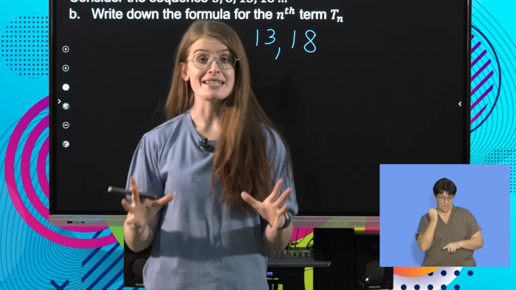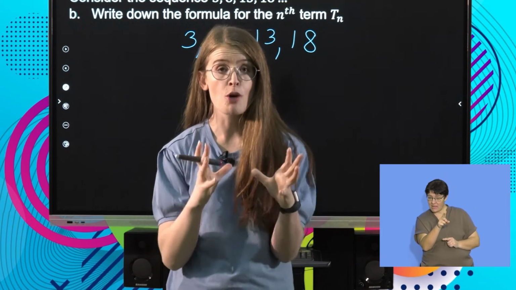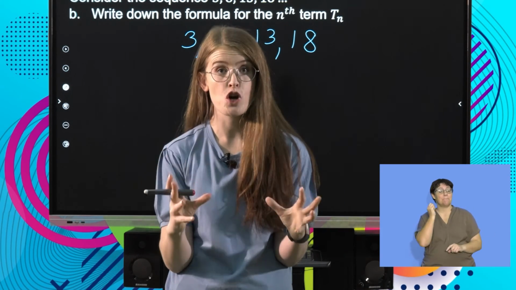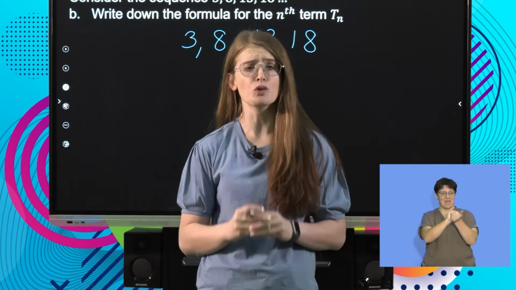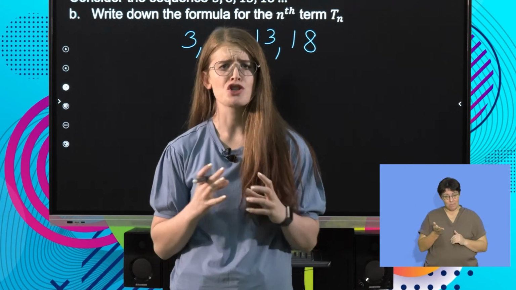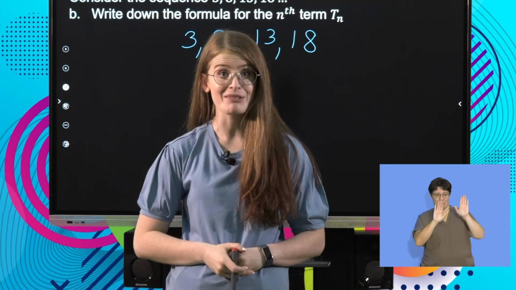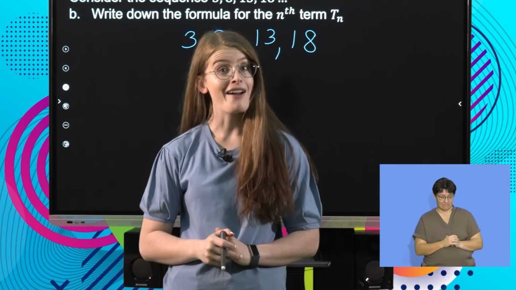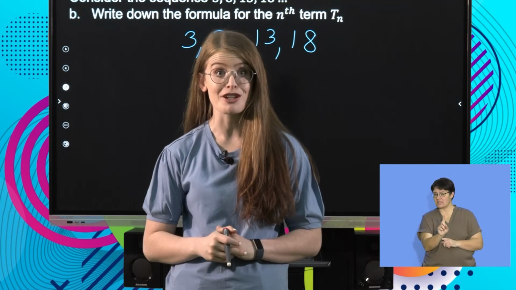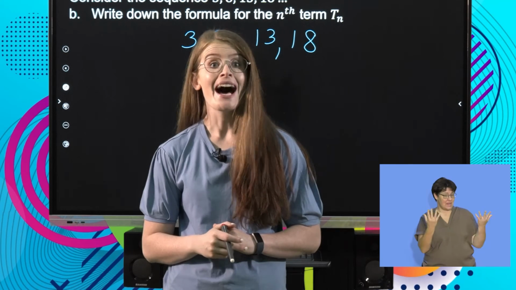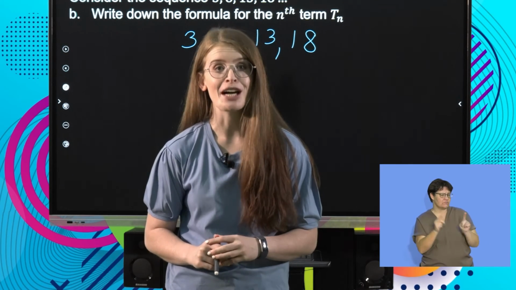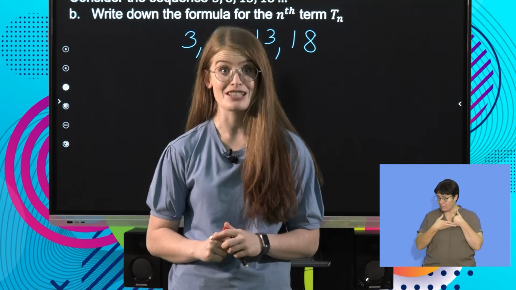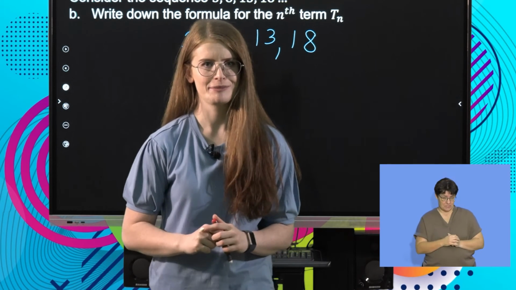Just a reminder, finding the general term, or the nth term, means that I need a specific mathematical rule that can help me describe the pattern that I'm seeing. So far, I've seen that I have a common difference of 5. I'm going to check whether that common difference of 5 can help me determine the nth term. Let's have a look.